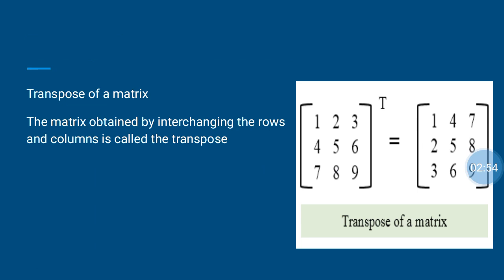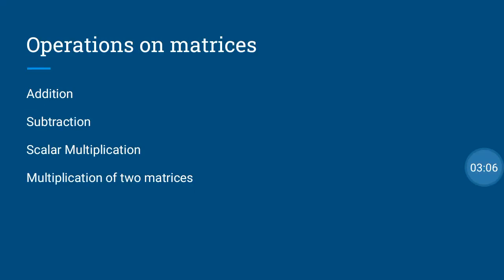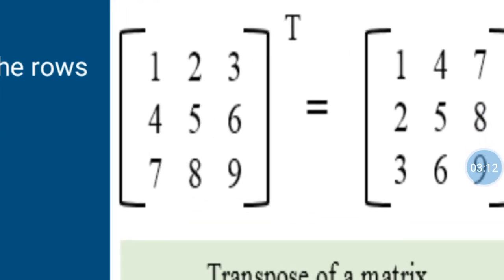Now, transpose of a matrix. Interchanging the rows and columns is called the transpose of a matrix. Now here we see that the first row is 1, 2 and 3. This row is changed as a column after the equals to, it is 1, 2, 3.